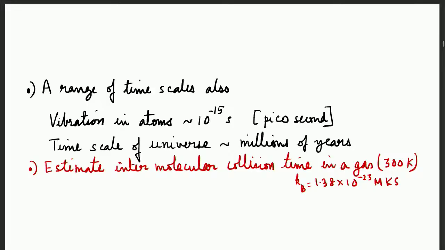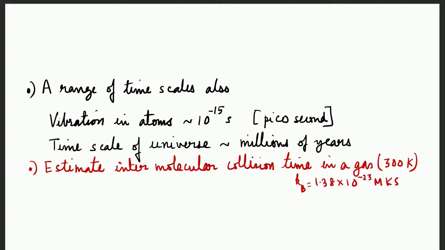Now, just like length scales, there are a lot of time scales we're interested in. For example, if I look at the vibrational frequency of atoms, the time scale involved is a picosecond, 10 to the power minus 15 seconds.